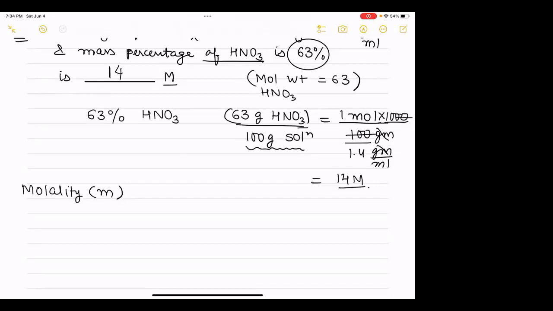You have the mass of the solvent and the moles of the solute separately, so how many moles are put into that given mass of solvent?